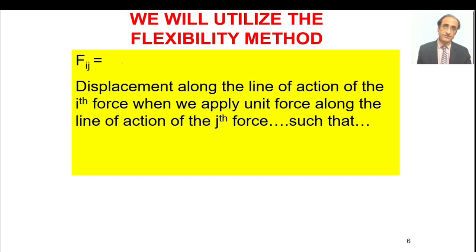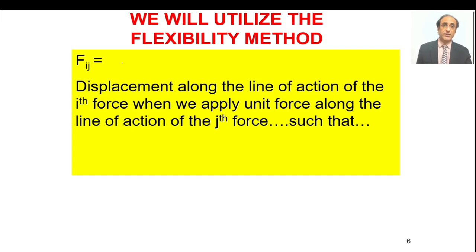Now after this there is a rider, but before that we must define what is the line of action of force. In the force method, we don't talk about the degrees of freedom, just like we talk about the degrees of freedom in the case of the stiffness approach. We have basically the forces as the main unknowns, and we talk about lines of action of the force. However, here we are using both the stiffness approach and the flexibility approach concurrently.